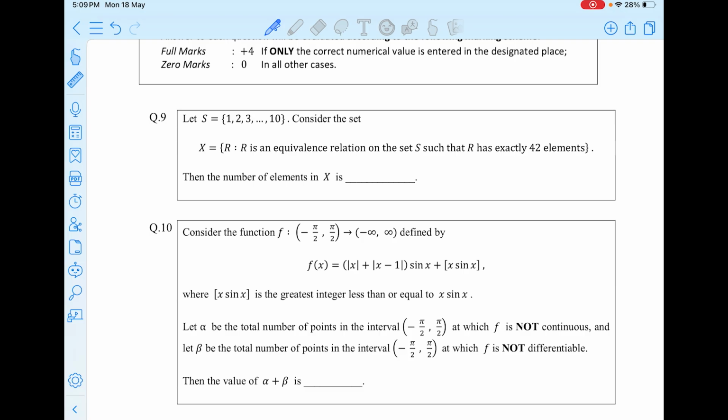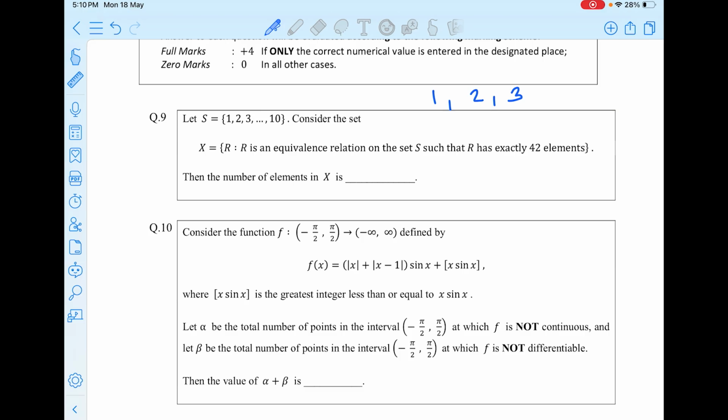But finding the number of equivalence relations is difficult. See what to do here. There are 42 elements and you want the elements to be such that they form an equivalence relation. So first of all we want total 42 elements. Now how to make an equivalence relation? For example, suppose I have taken, just as an example, 1 2 3 from out of those 10 elements.